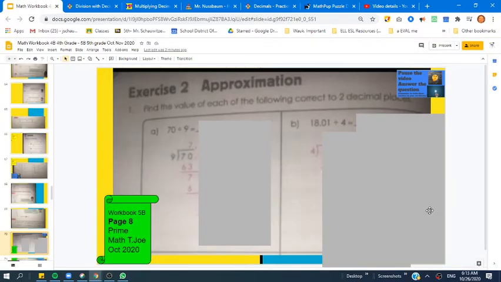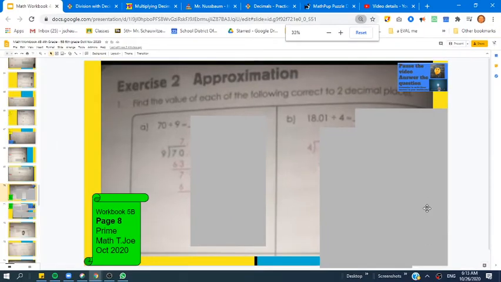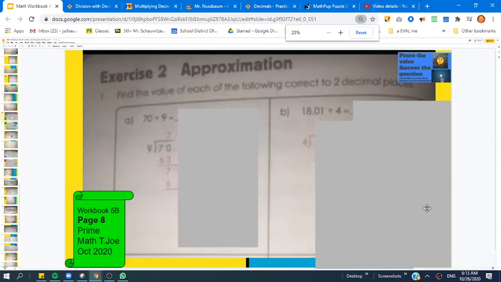So the first problem that we see on the board is 70 divided by 9. Now, we're going to do these problems together because I think it's important that you understand division in many different ways. Okay, I'm not sure if you're going to be able to see that. Let's make this a little bit bigger.